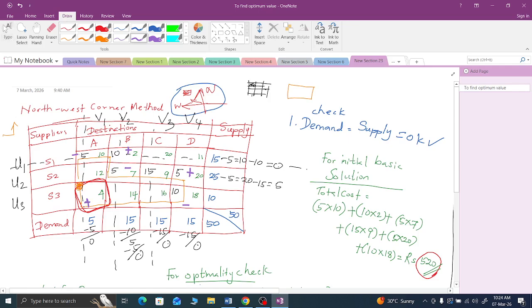Among our negative values, we have to find the minimum value. So the minimum negative is the least one, right?